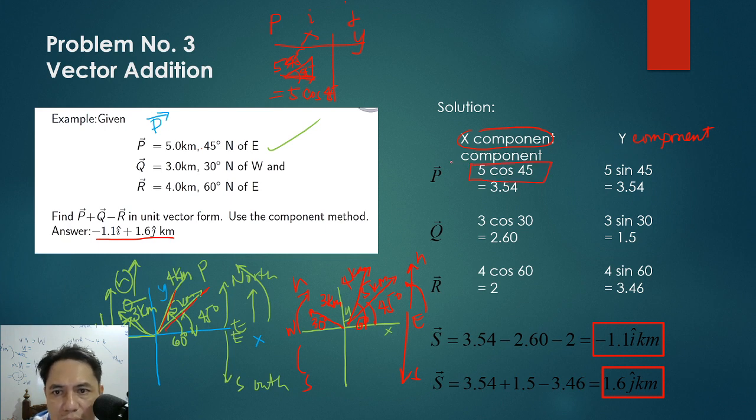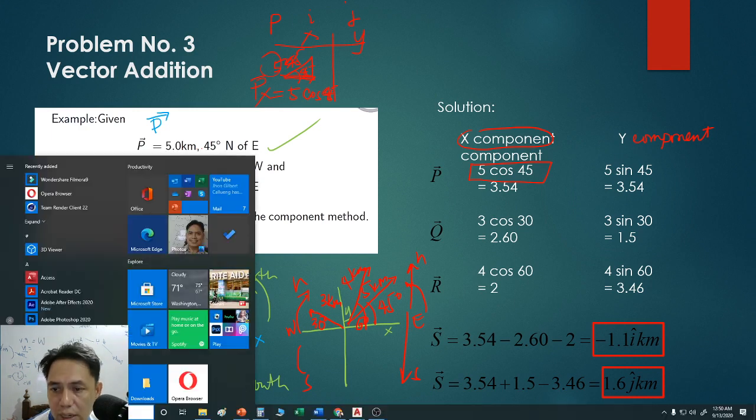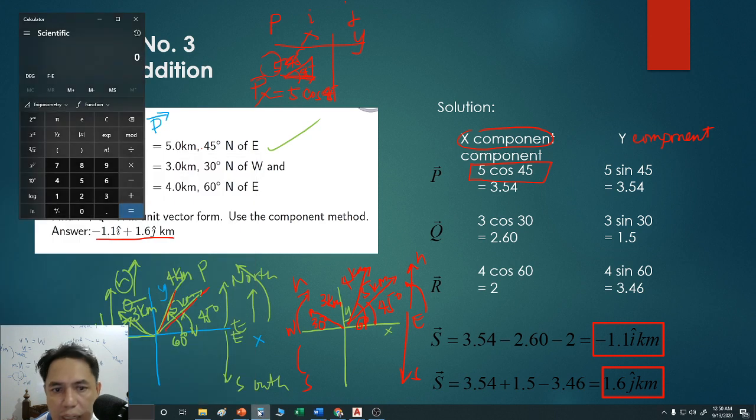So 5, which is the hypotenuse, times the cosine of that angle will give you the Px. P x is P cosine 45. Now, what is 5 cosine 45? We can show that in the calculator so that we would be very clear for this particular problem, and that is 5 cosine 45.